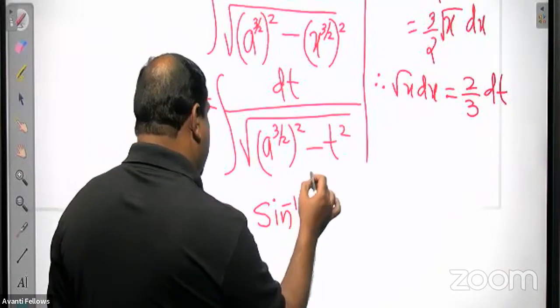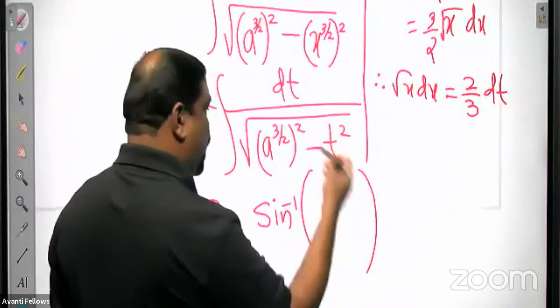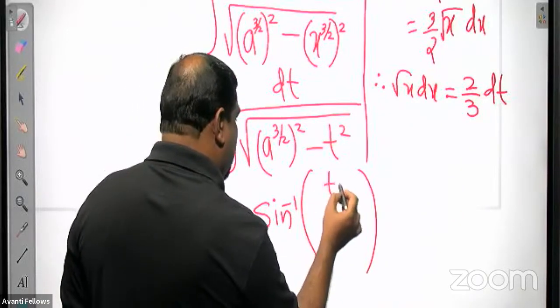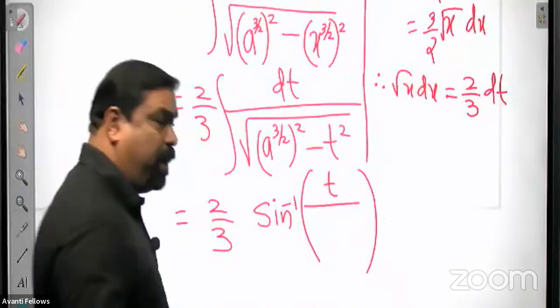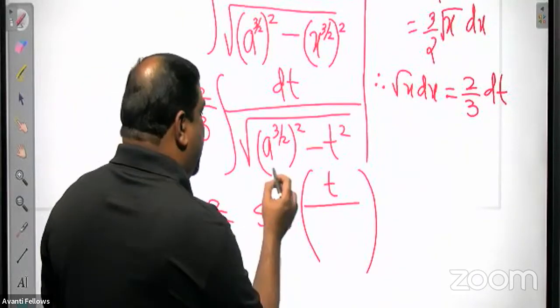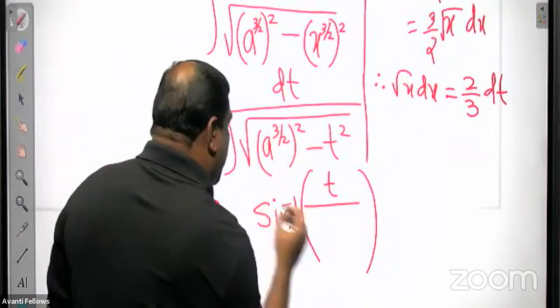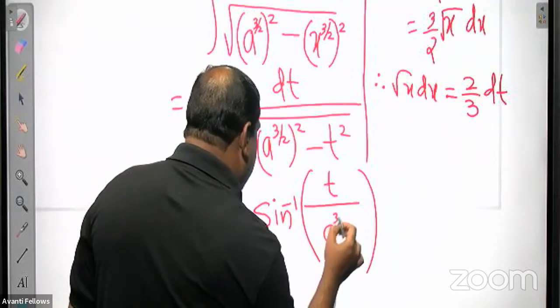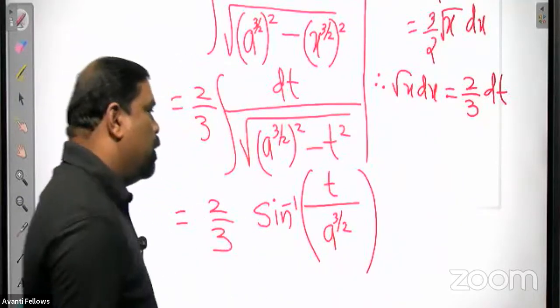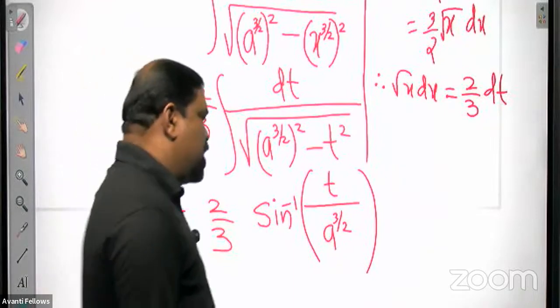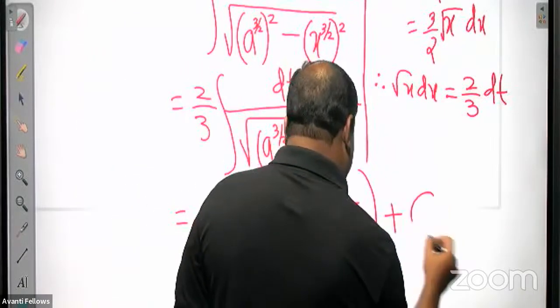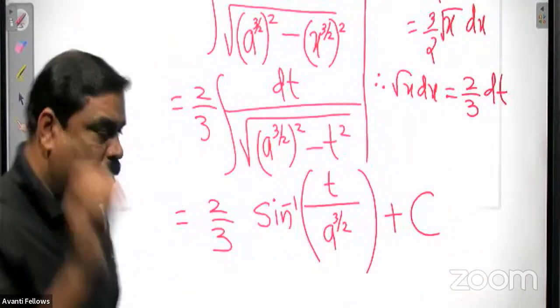Sine inverse x by a, here in place of x it is t, so t by a, and in place of a the constant is a raised to 3 by 2, plus c. So integration is over.